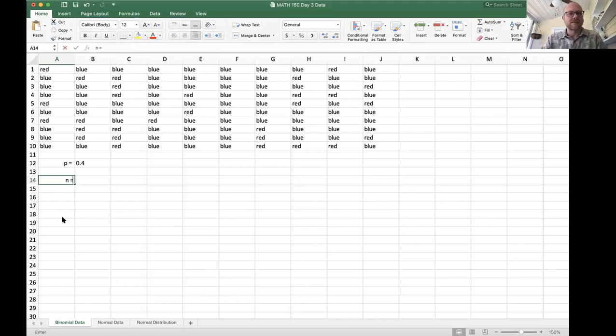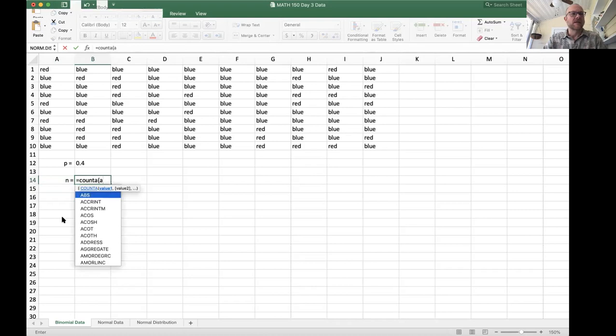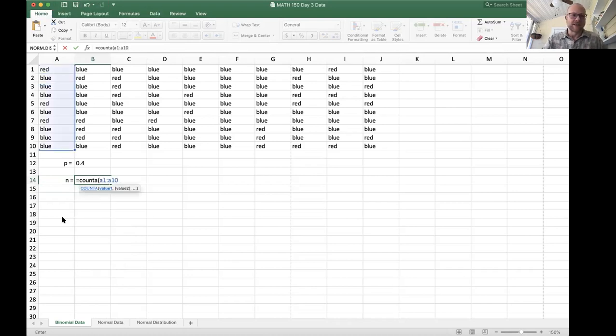I'm going to say this is going to give us the n that this has. I'm going to instead, because I'm counting these words, say COUNTA. The COUNTA is for count alphabetic. And now we'll say A1 colon A10. Did it again.